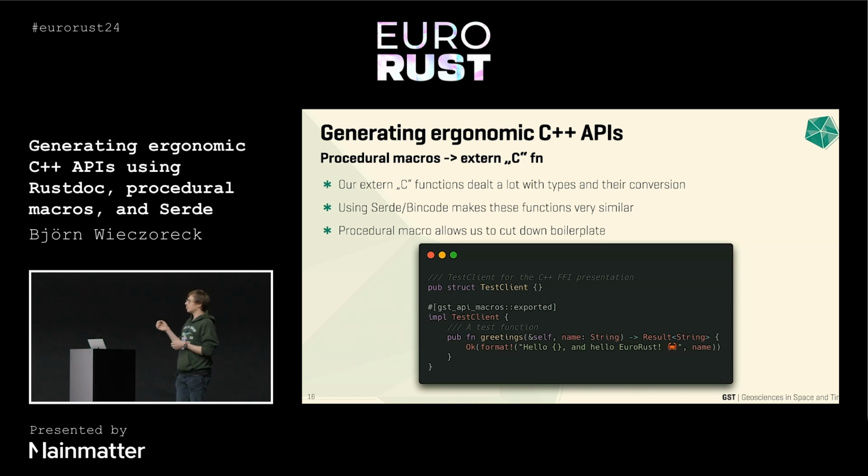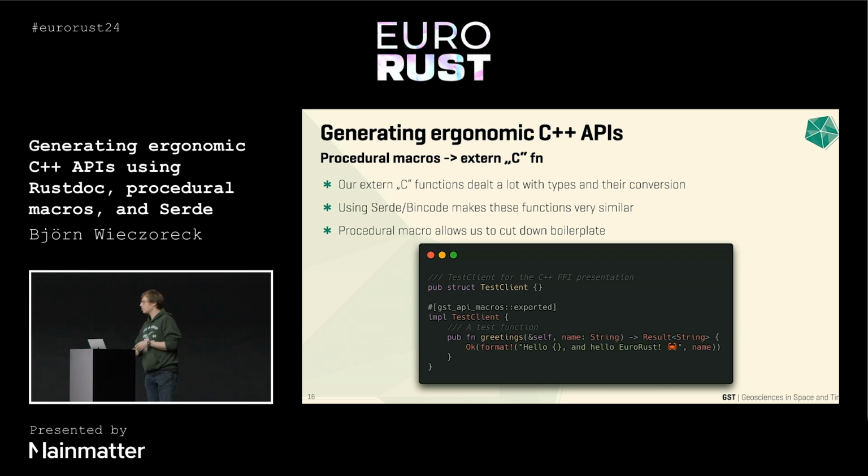And using this example, we will see how, using Serde and bincode to serialize all the input arguments, these extern C functions that we've written by hand before become very, very similar to each other. So that is the perfect example where we can use procedural macros to streamline the whole process.